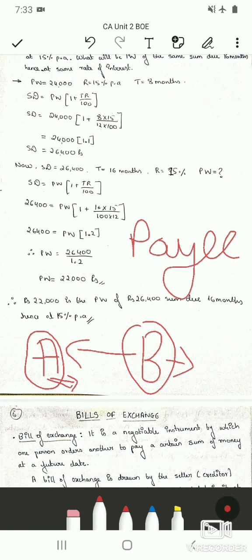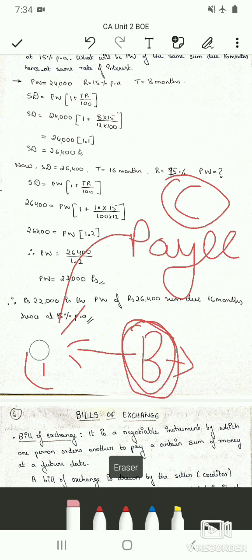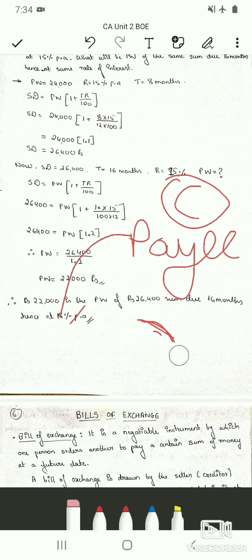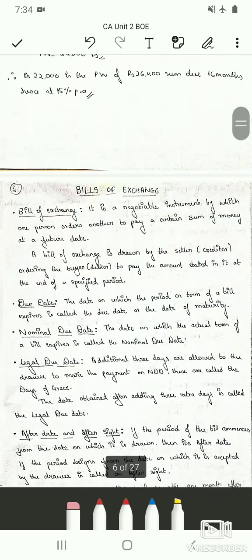It is the person to whom B has to pay the amount. He might be another person C, or the payee might be A itself. So in bills of exchange there are three persons: drawer, drawee and payee. So remember this.